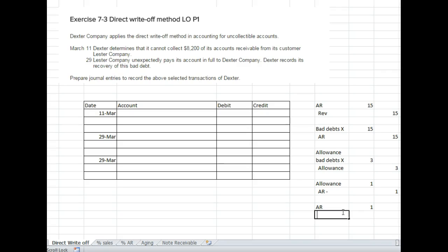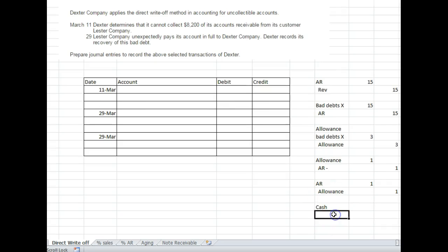And then I would add that back into the allowance account, just as if that transaction never happened. And then I would show the cash and the AR credit. So there are like three entries you would make with that.